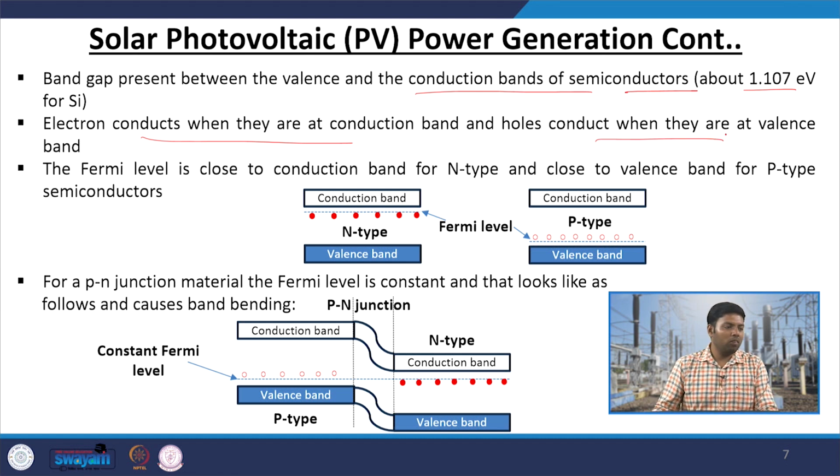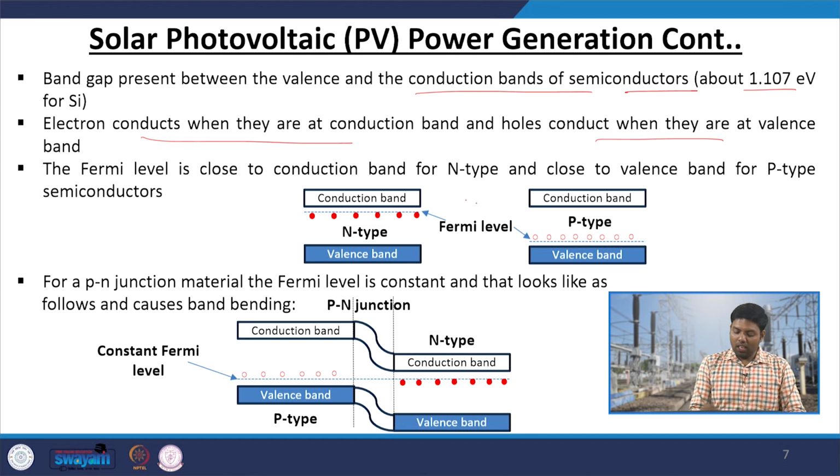That means, for making electrons flow in your conducting material, a larger amount of electrons must be at the conduction band. If they are at the valence band, then it is an insulating material. Okay, that means it cannot cross the energy gap and take that much energy to go to the conduction band.